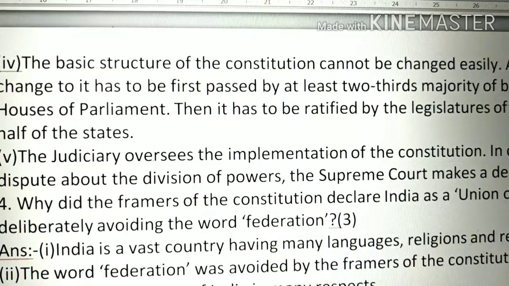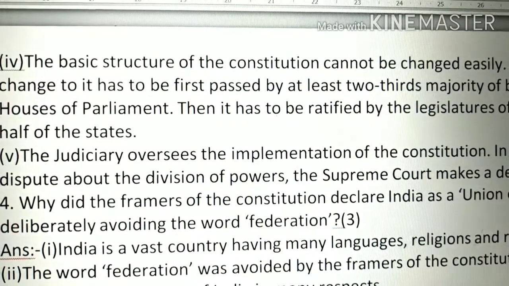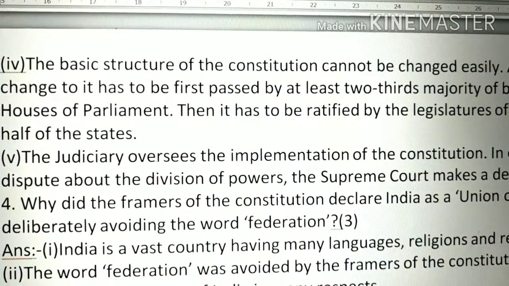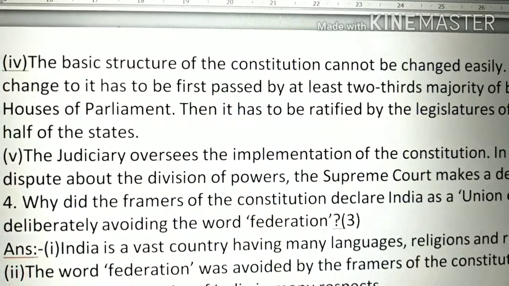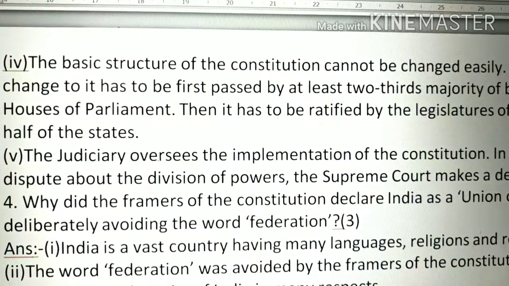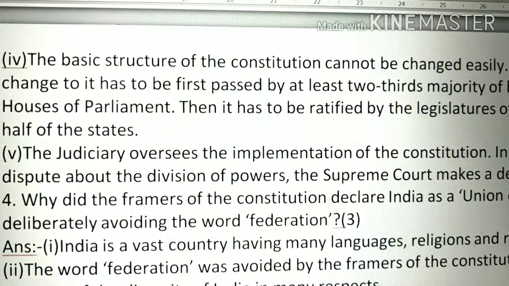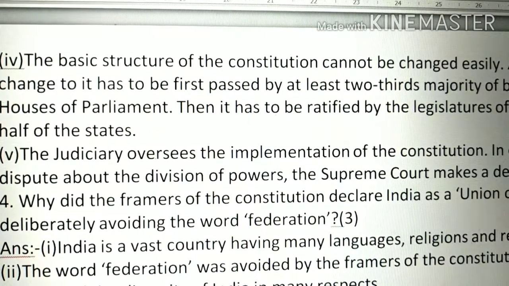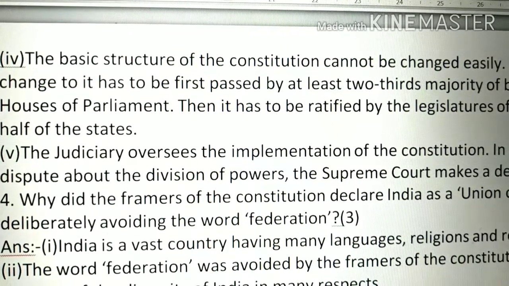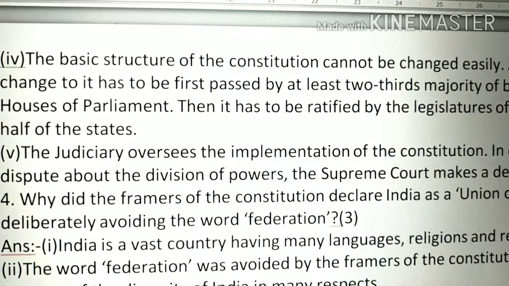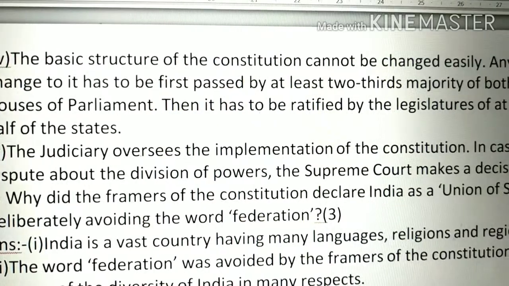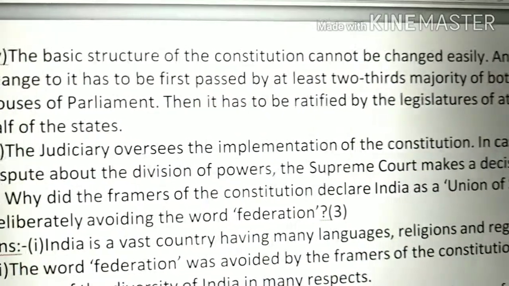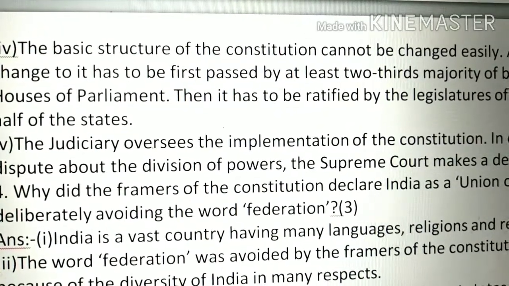Any change to it has to be first passed by at least a two-thirds majority of both Houses of Parliament. Then it has to be ratified by the legislatures of at least half of the states.